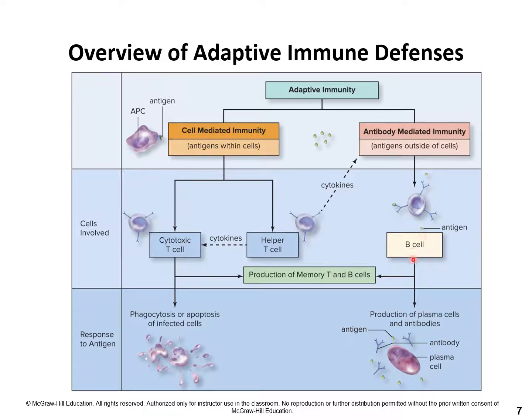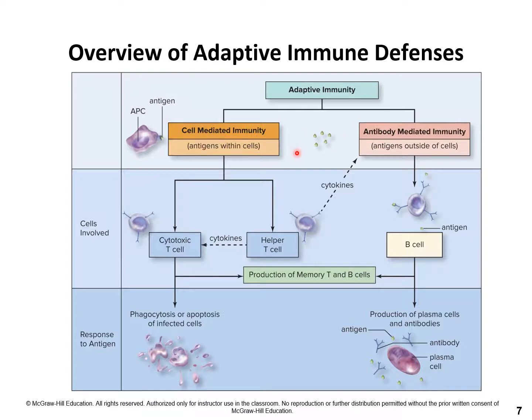After this B cell encounters an antigen that's been triggered by the helper T cell, that B cell will also be involved in making memory cells, or maturing in the bone marrow, of course, because it's the B cell.